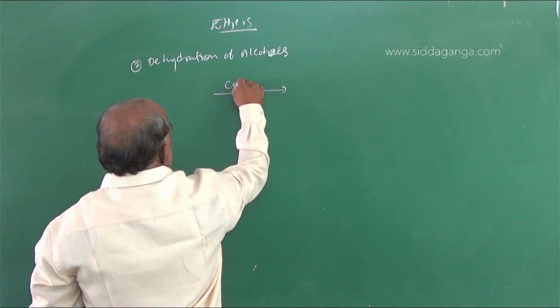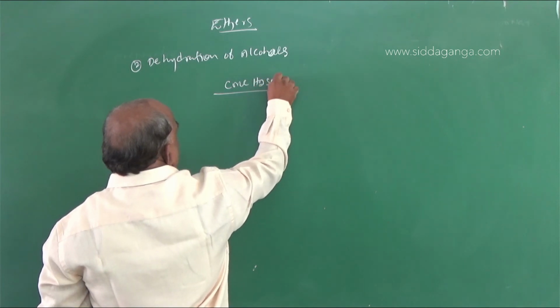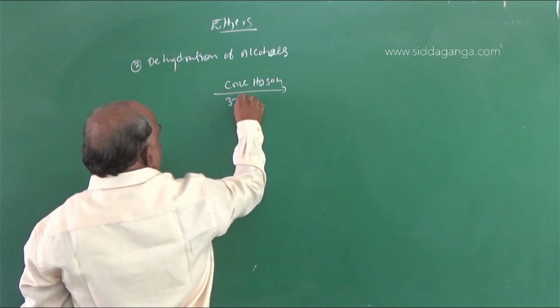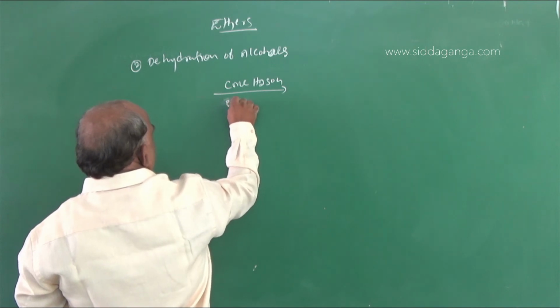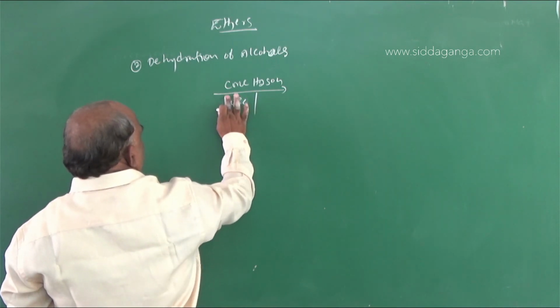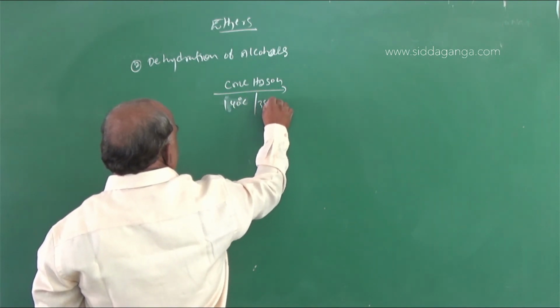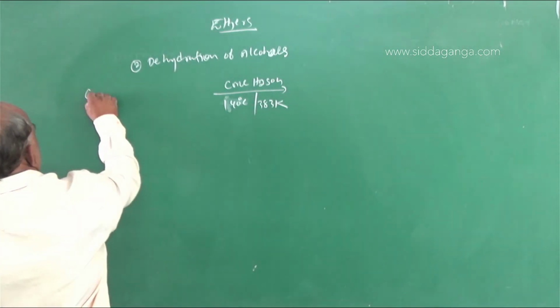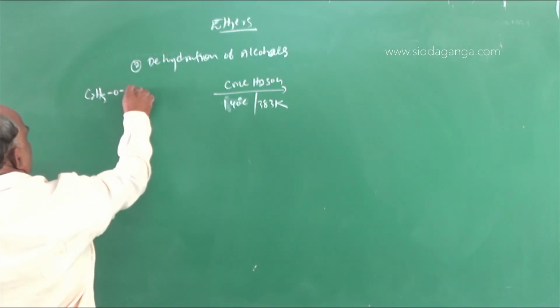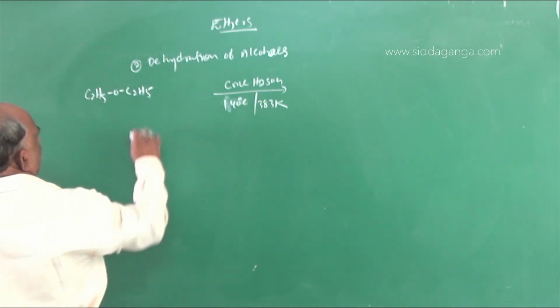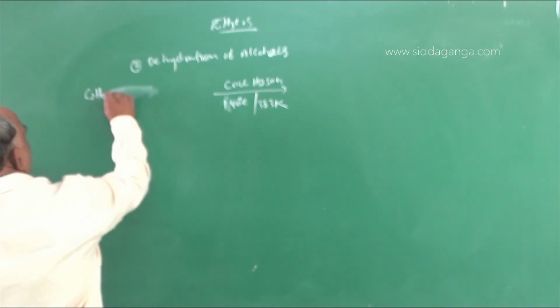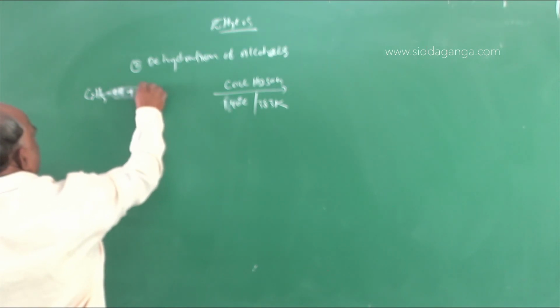We should take concentrated H2SO4. The temperature is, sorry, 140 degrees centigrade, or 383 kelvins. C2H5OH plus C2H5OH.